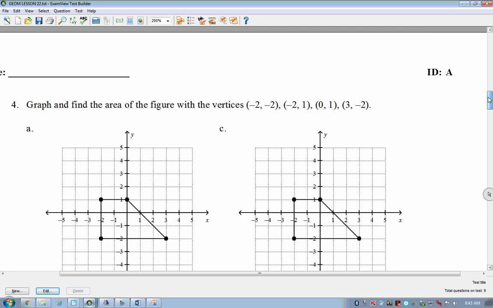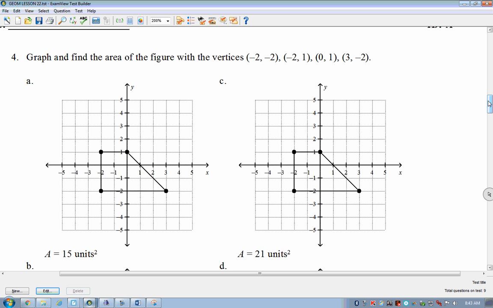Let's see. Here you actually have to find these distances, but they've all been graphed the same. So my height is 3, my base 1 is 2, my base 2 is 1, 2, 3, 4, 5.